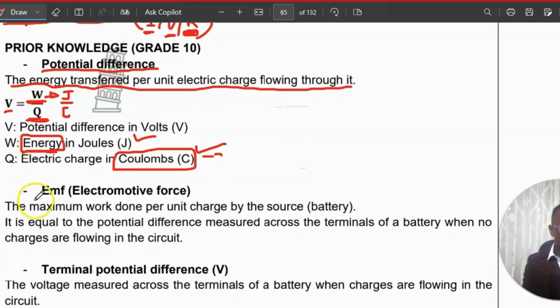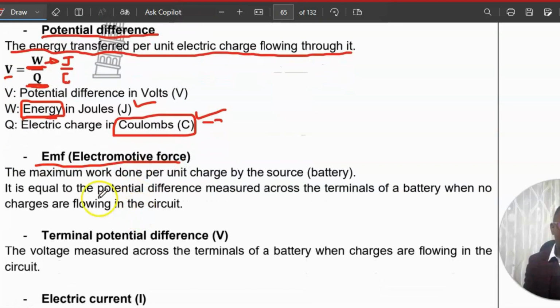Now, let's talk about another thing that has to do with potential difference, EMF, or electromotive force. Electromotive force is the maximum work done per unit charge by the battery or by the source. We said that work is energy.